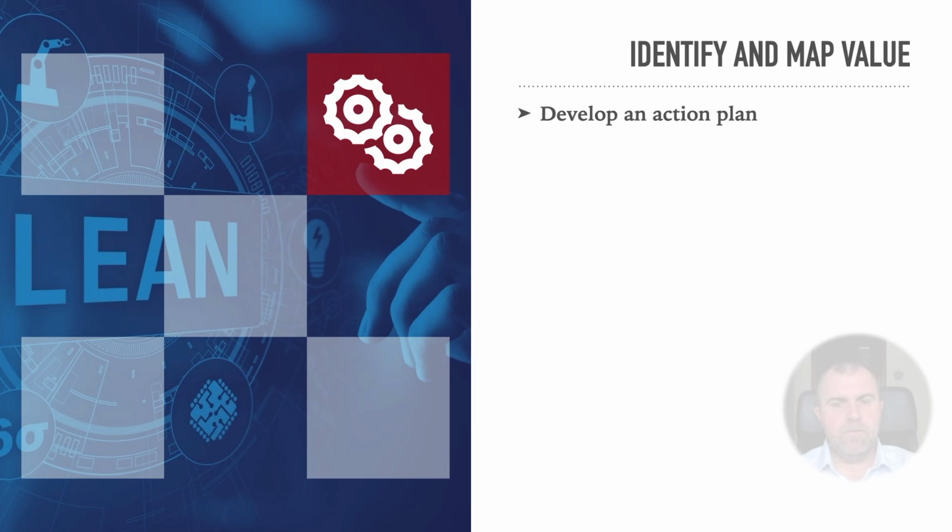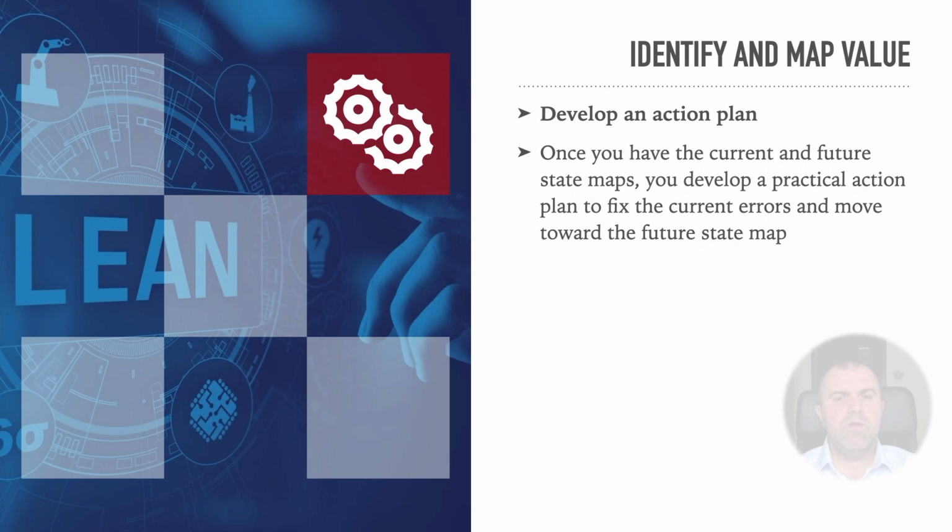Develop an action plan. Once you have the current and future state maps, you develop a practical action plan to fix the current errors and move toward the future state map. This plan should involve all employees, who must participate in continuously improving their work functions.